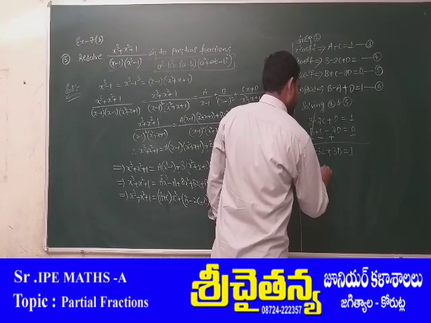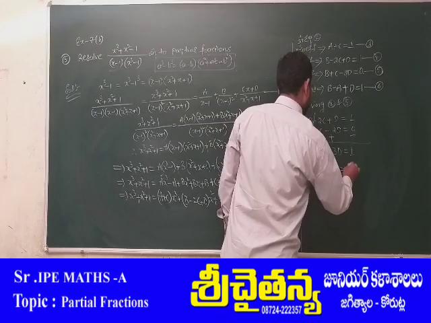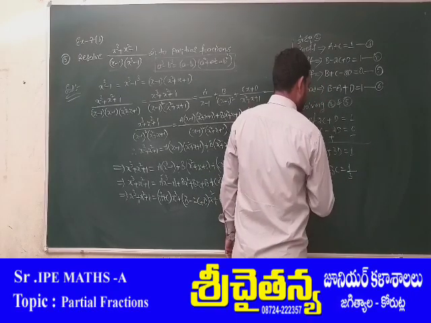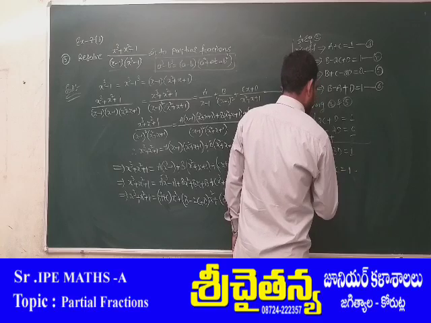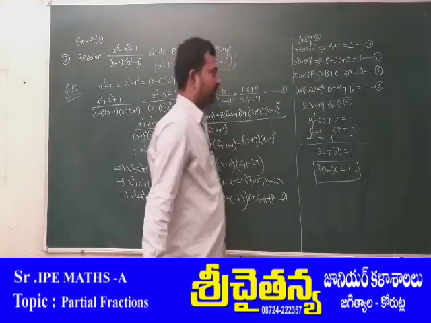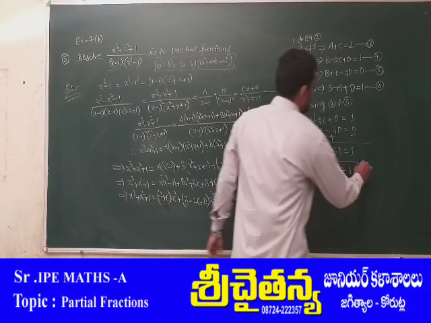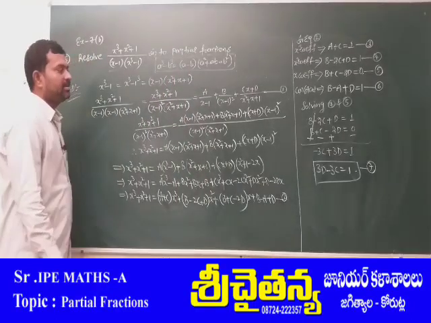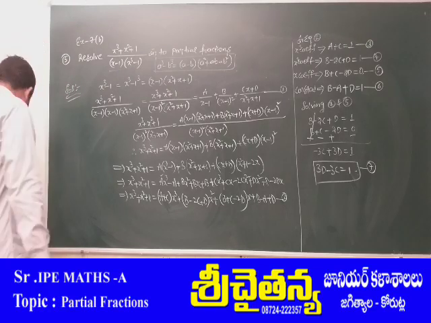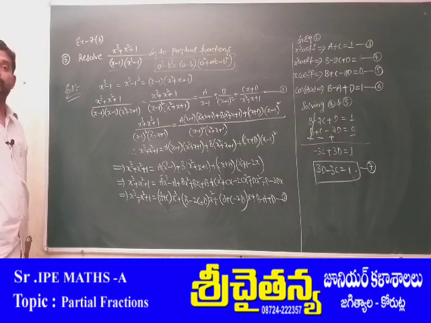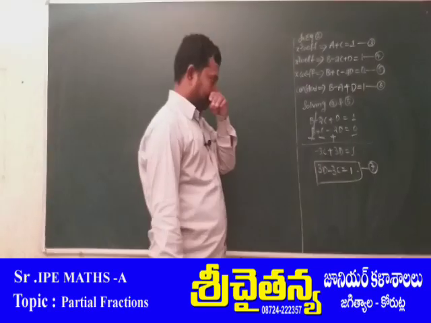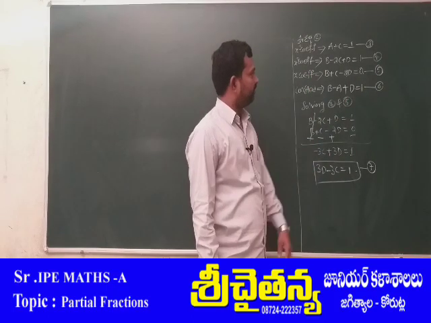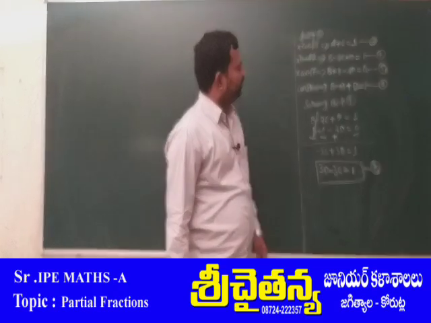That means 3d minus 3c is equal to 1. This is equation number 7. When we solve equations 4 and 5, we eliminate the value of b.